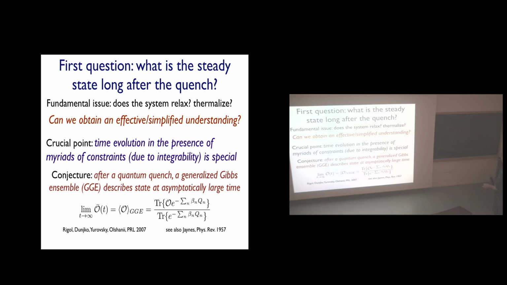But now, to each and every one of your available conserved charges, you would associate an effective temperature or an effective chemical potential. I don't care, same concept. This was really pushed forward in 2007, but if you look back at the literature, this was already talked about like 50 years before. And even if you go back, John von Neumann himself wrote things that are dangerously similar to this.